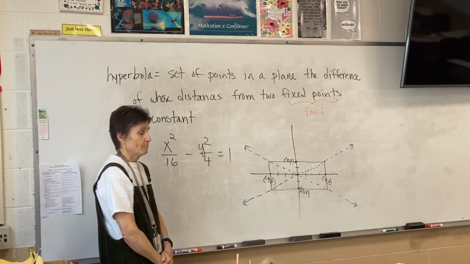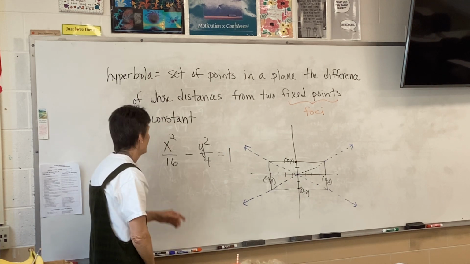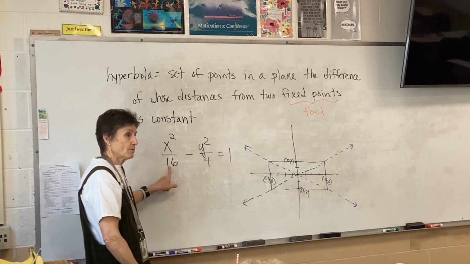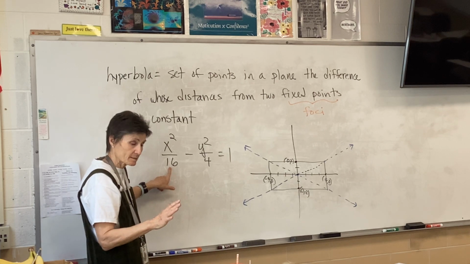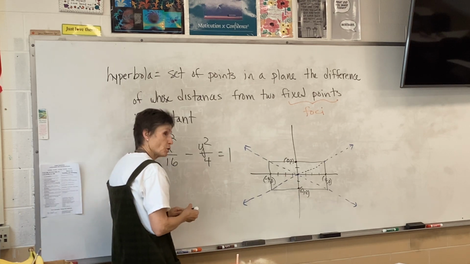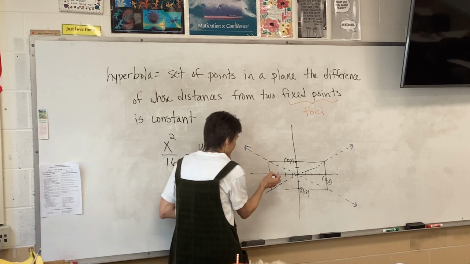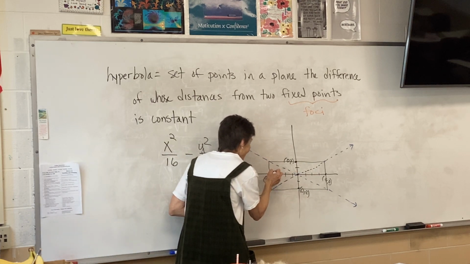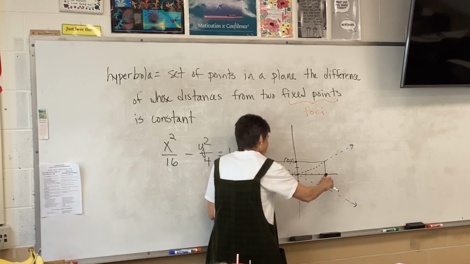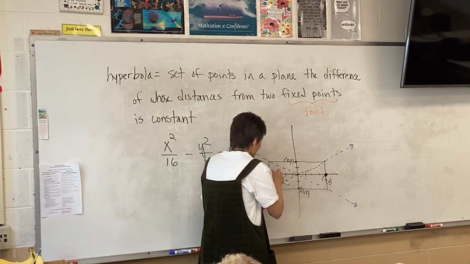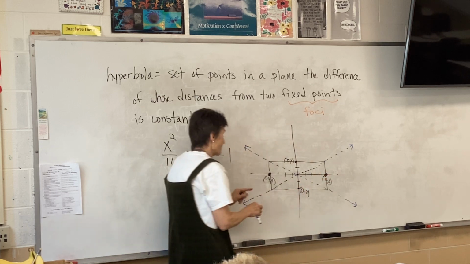Now, whatever letter comes first in the equation, in this case it's X, I want you to go back to your picture, and I want you to make the X vertices. Remember, you counted sideways 4 and up and down 2. So you really have these 4 points.